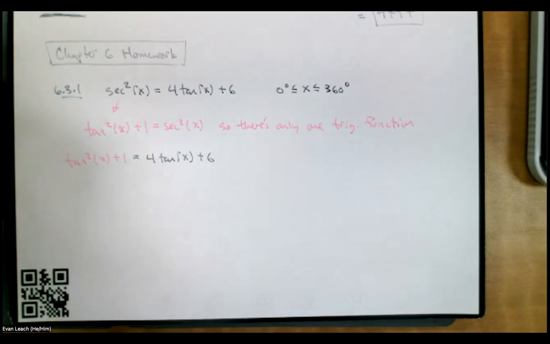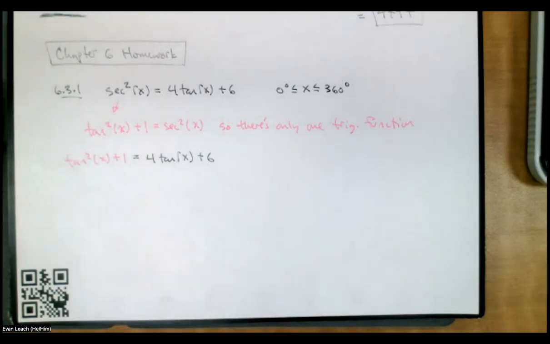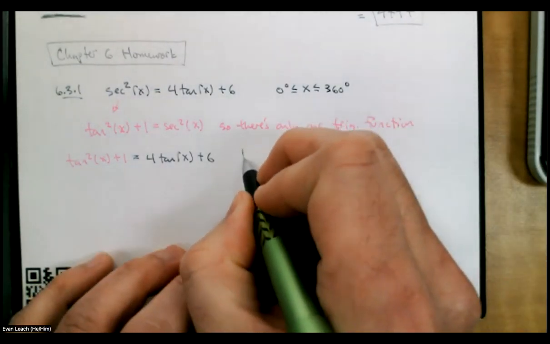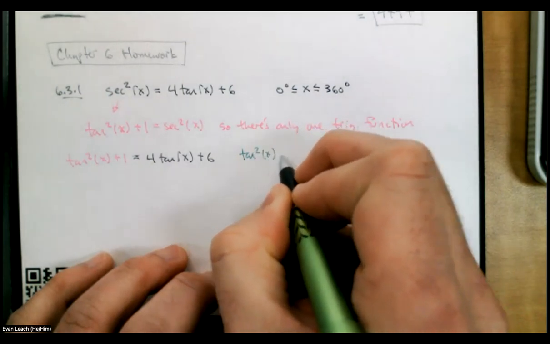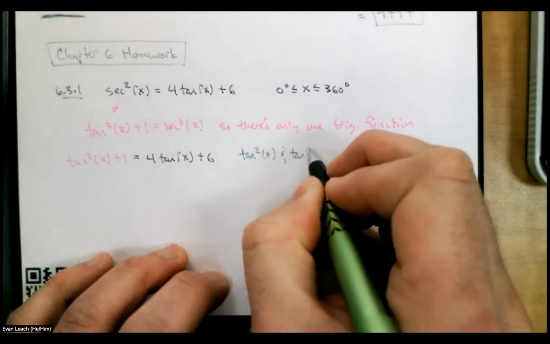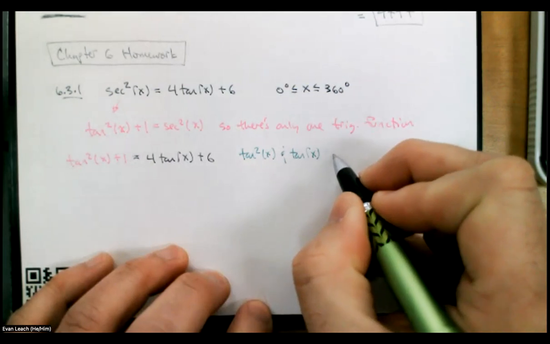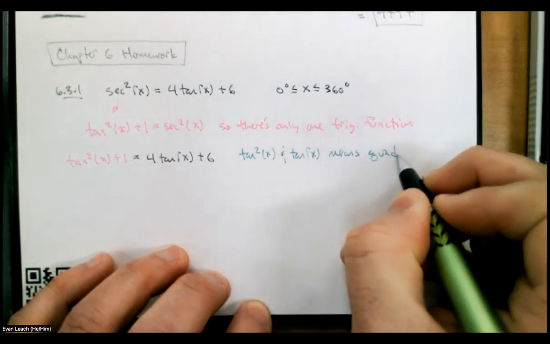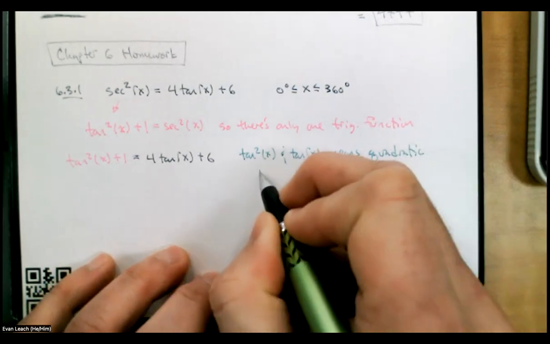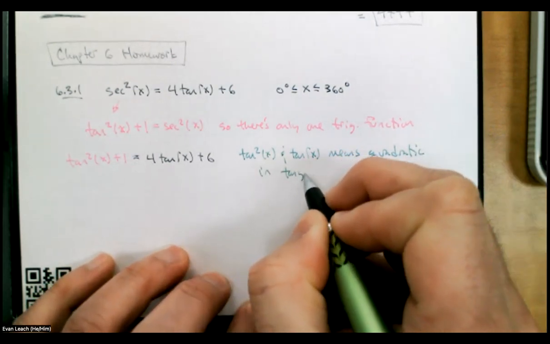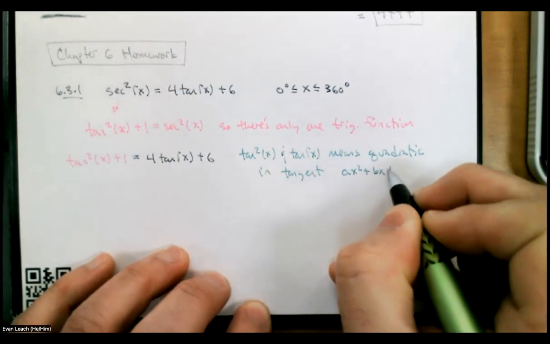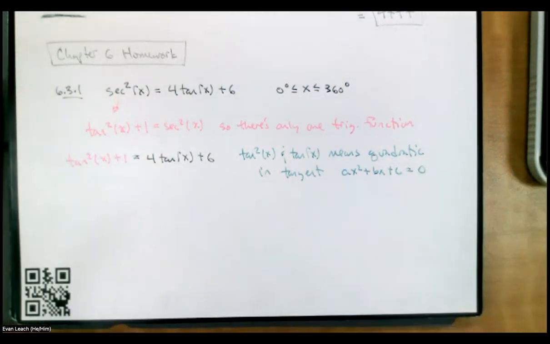That makes us think about quadratic equations, ax squared plus bx plus c equals 0.